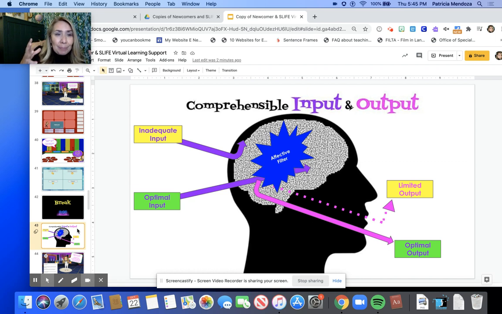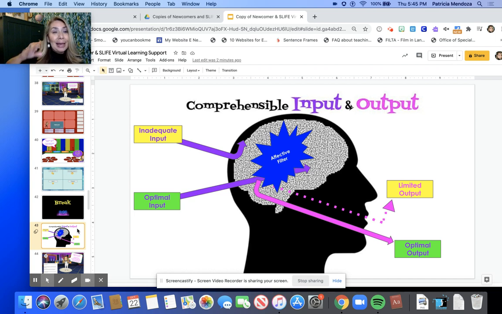And if it's choppy, we're talking too fast, we're not providing visuals, all these things, that is going to be inadequate input. And our students are going to be limited in what they're going to be able to share with us about the knowledge of what they just learned.